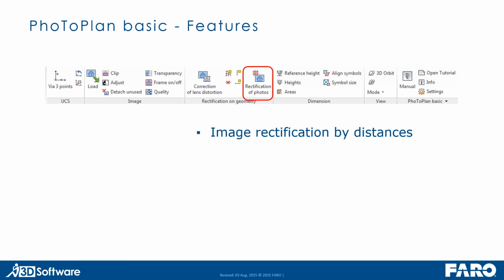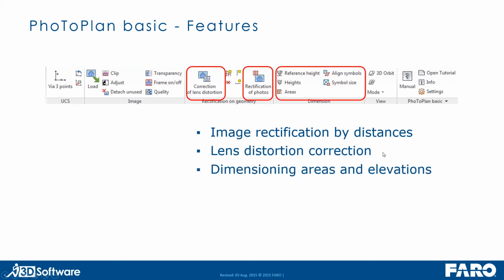Photoplan Basic gives you the opportunity to rectify images by distances, and in addition you can apply lens distortion correction. You need this in order to be able to rectify those images correctly, and you also get tools for dimensioning areas and elevations inside the rectified image.